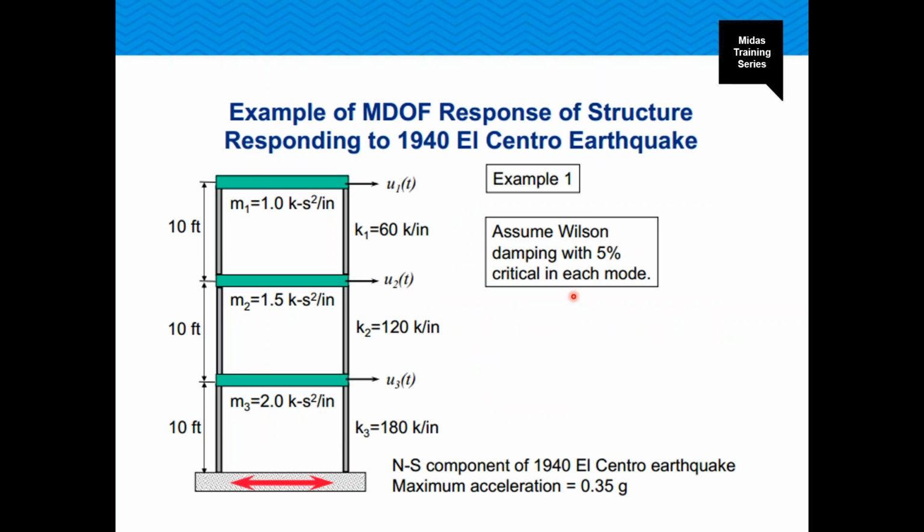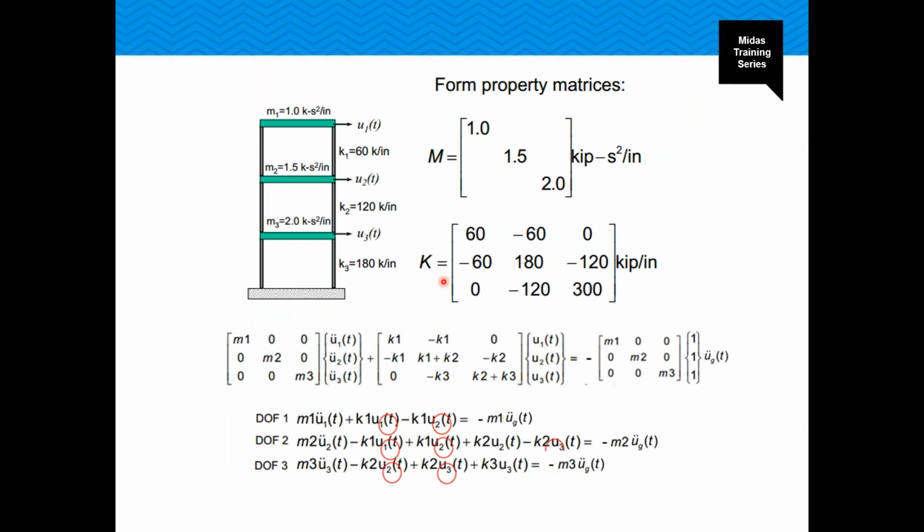Here we have an example of a 3 DOF system. The mass matrix and stiffness matrix are like this.